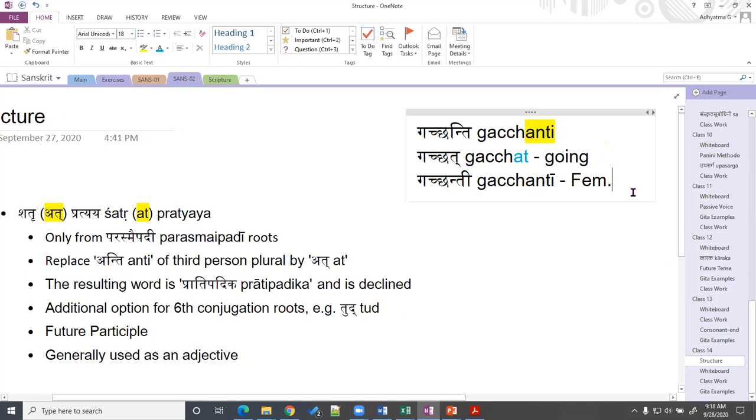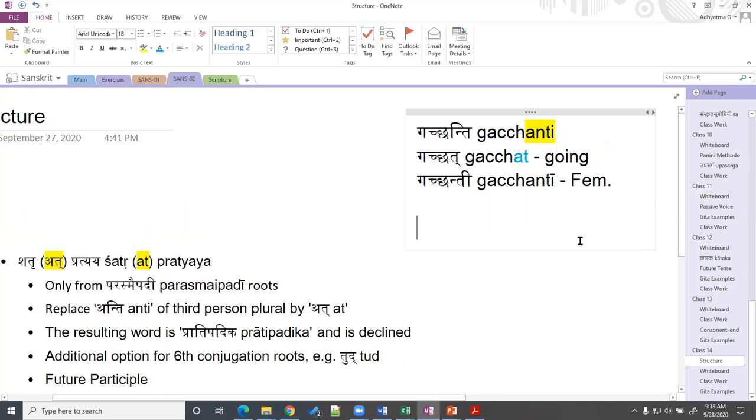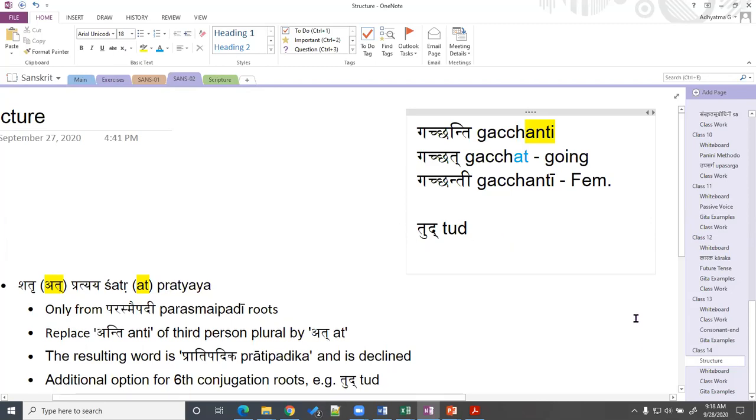If I take a root of the 6th conjugation, for example tud, tud means to strike, to beat. We have already studied this root. For tud, first I'll see the 3rd person plural. The 3rd person plural will be tudanti.